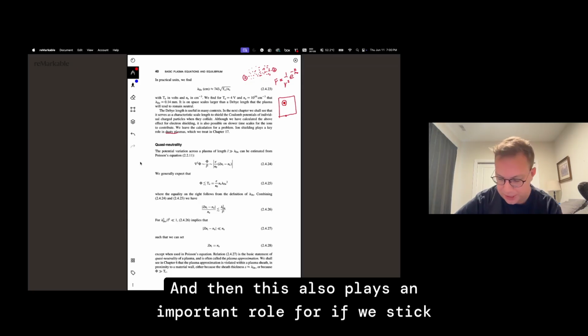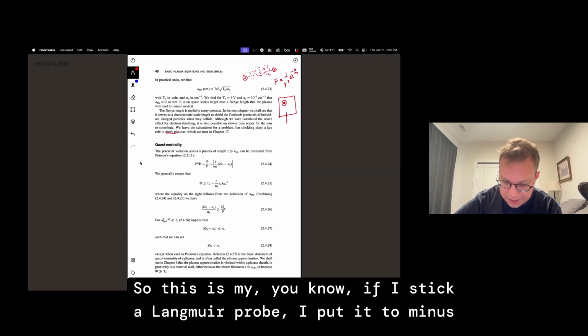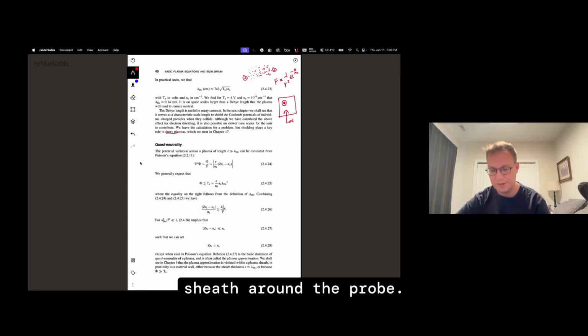And this also plays an important role if we stick probes into the plasma. So if I stick a Langmuir probe in and put it to minus 10 volts, the plasma will respond in kind and develop a sheath around the probe.